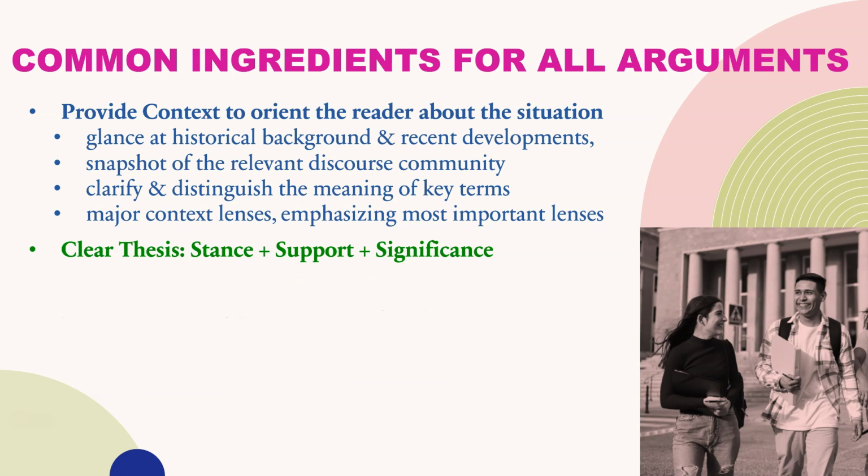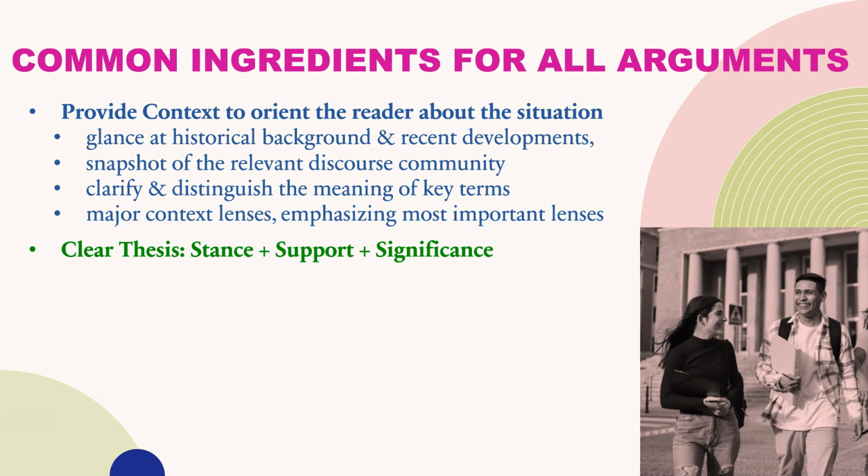You also, no matter what form you use, will need to include a clear, direct, 3-part thesis statement. So what is your stance? How is your argument going to change or transform or influence something about this topic? An outline of how you're going to support that stance.